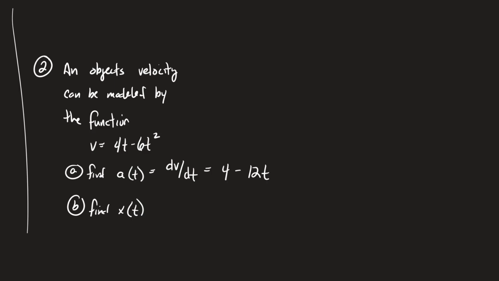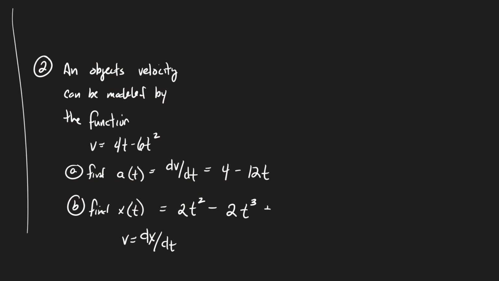If I want the position, I have to remember that velocity is the rate of change of position. So I need to take the antiderivative to figure out the position. Starting with my term, t to the 1 plus 1, or t to the 2. Divide my 4 by 2 and get 2. Minus, t squared goes to t to the 2 plus 1, or t cubed. 6 divided by 3 is 2.